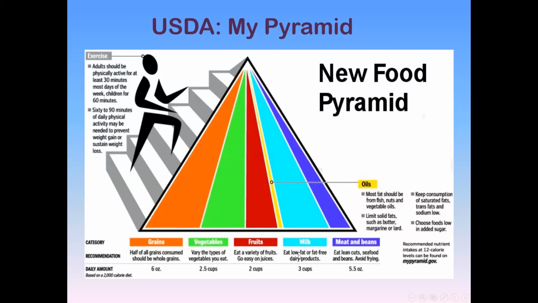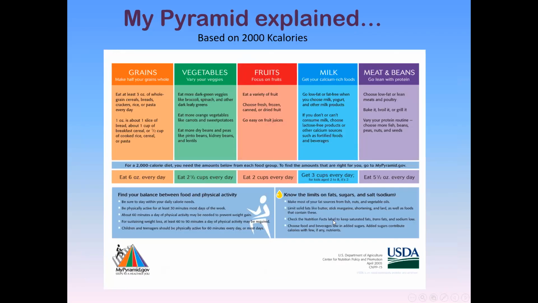For milk, you should focus more on low-fat or fat-free dairy products. For the meat and beans, you should eat lean cuts and focus more on seafood and beans and avoid frying. So this is a new and very helpful guide for everyone who needs to know how to follow a balanced diet.